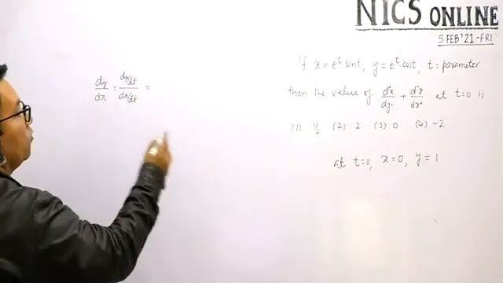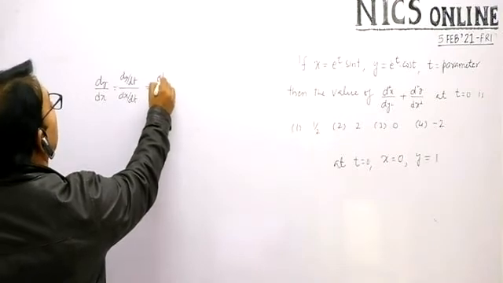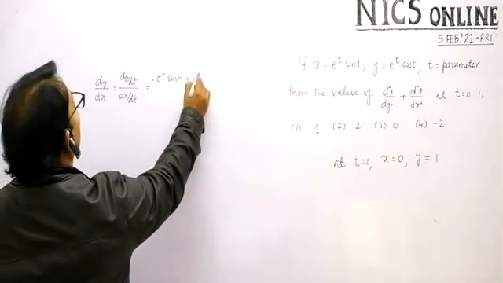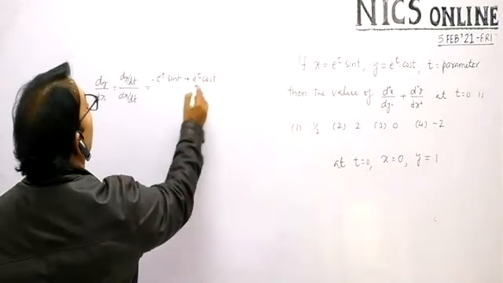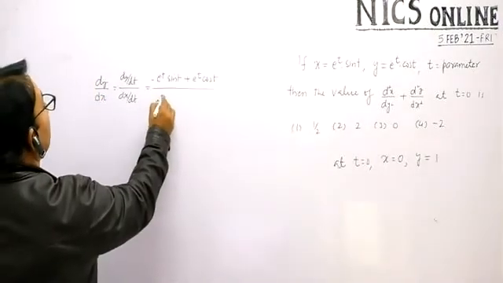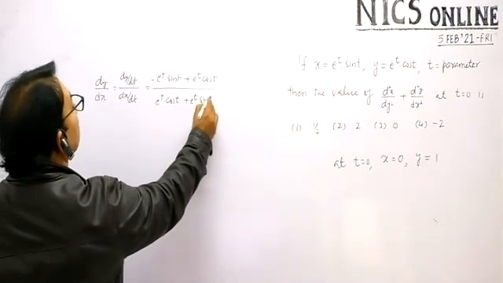What is dy by dt? You have to use product rule. E to the power t minus sin t हो गया plus e to the power t cos t because derivative e to the power t is the same. This would be e to the power t cos t plus e to the power t sin t.